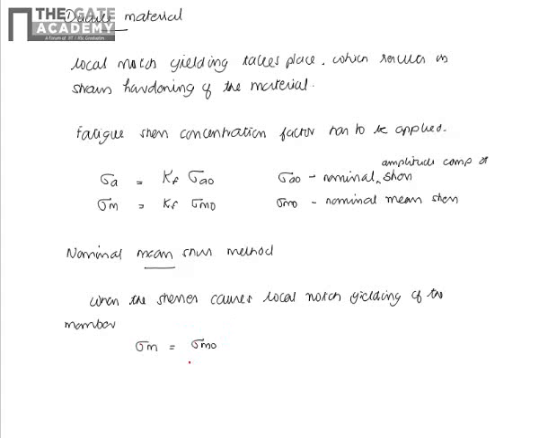That is, the mean component of stress does not get modified by the stress concentration factor, but the amplitude component will get modified. This is important. The nominal mean stress method says that when the stresses cause local notch yielding, then the mean stress is nothing but the nominal mean stress only, but the amplitude stress gets modified by the fatigue stress concentration factor. Here Kf is the fatigue stress concentration factor.